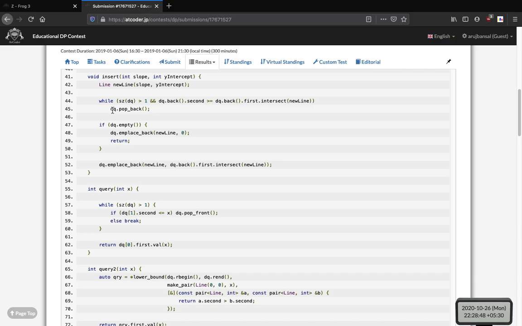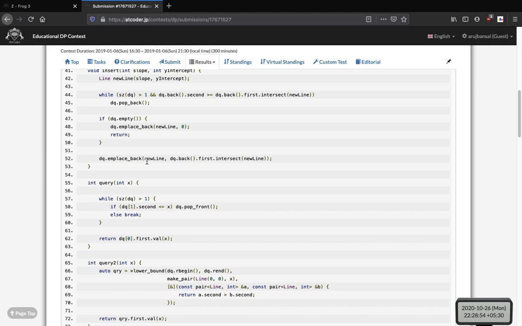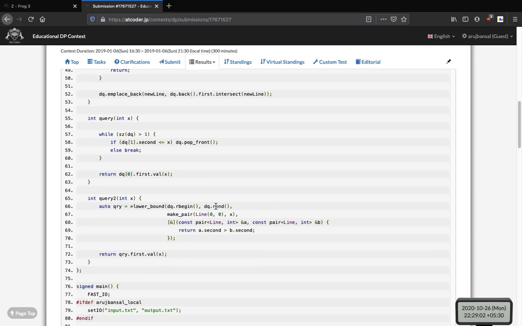And then in the end, if it's empty, then we just return and we don't reach here. But if we do reach here, we just insert this new line, and the point at which it becomes useful is its intersection with the last line in the deque. Let's look at a query function. So this is what I basically told you, when the size of the deque is greater than 1, we again want that so that it doesn't become empty.